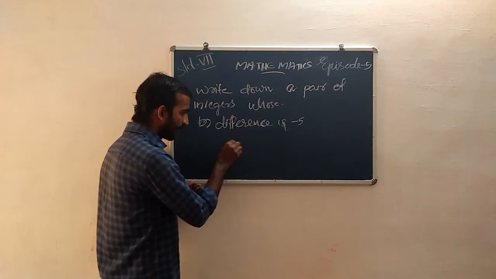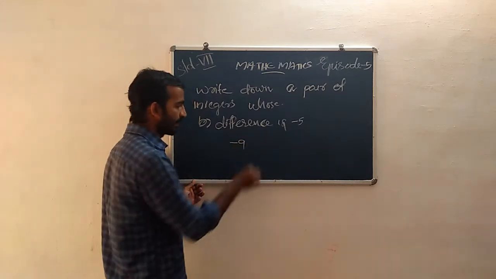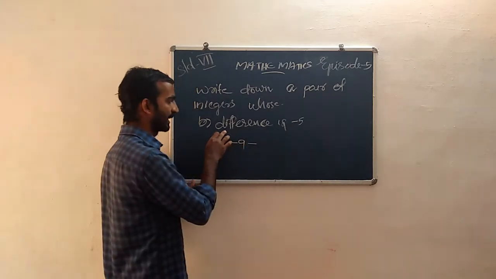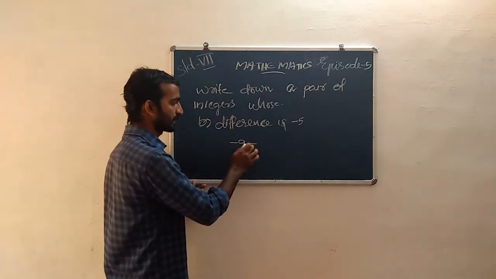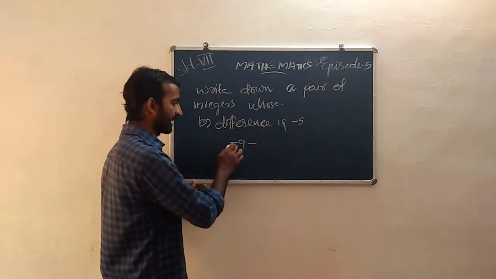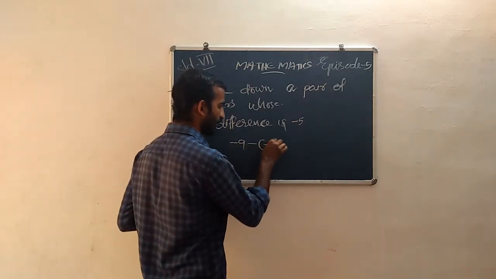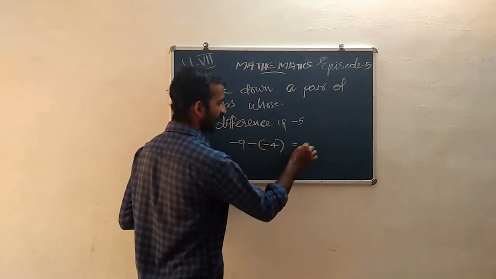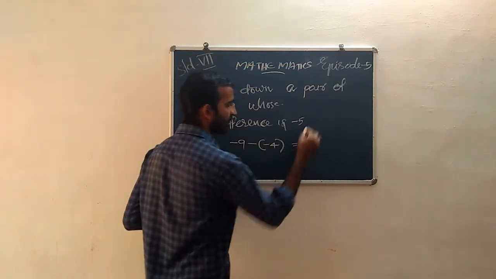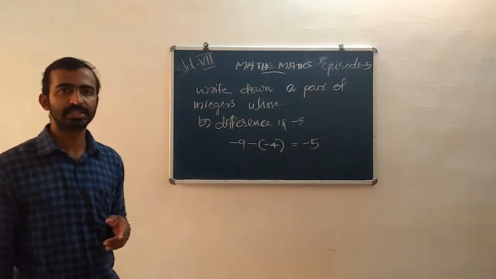We can take negative 9 minus 4, because the difference is minus 5. Difference means subtraction. Negative 9 minus 4, we get negative 5. Is it correct?